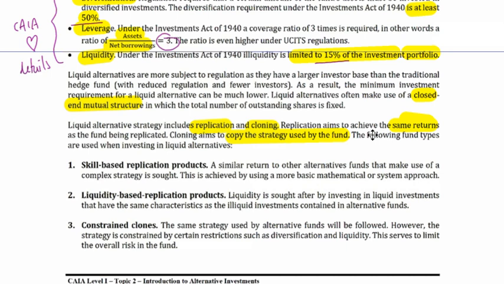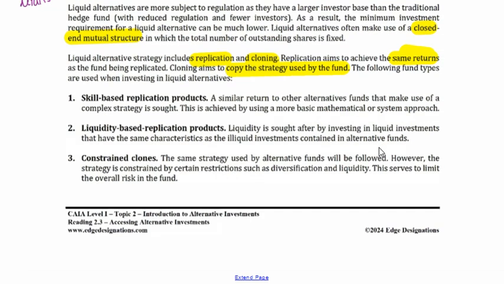We look at the following fund types when investing in liquid alternatives. Skill-based replication products. Remember, with replication we want the same returns, but you don't necessarily have to employ the same strategy. You may be using a complex strategy, but you just want the same returns as the alternative investment.